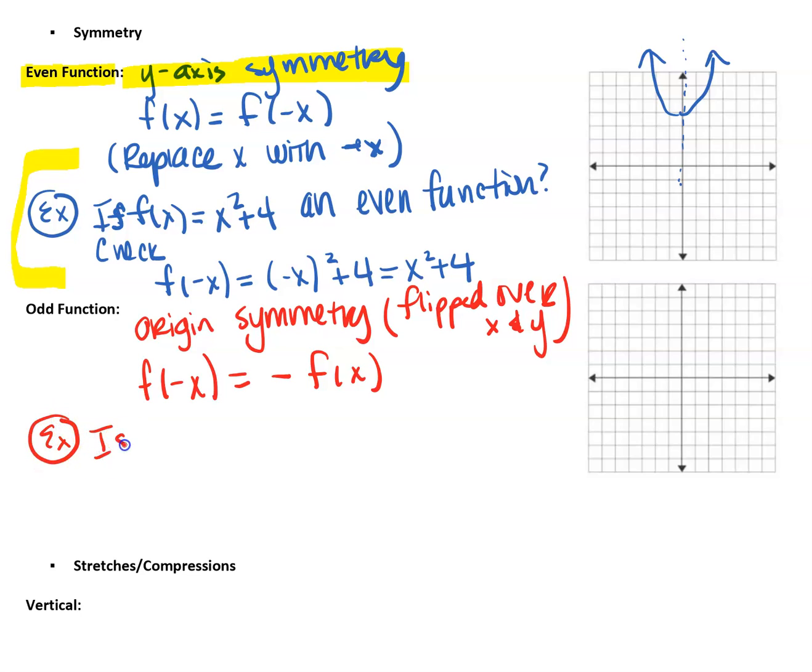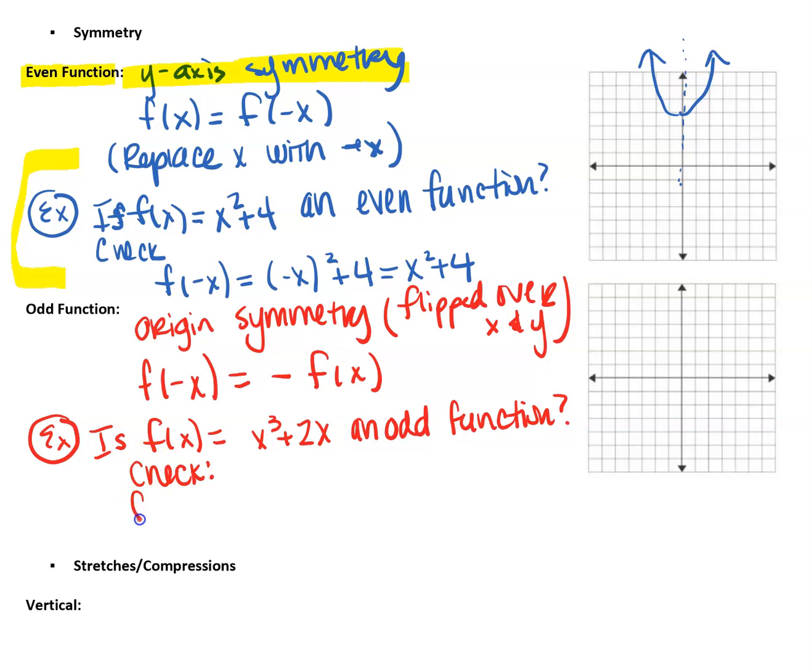Is f of x equal to x cubed plus 2x an odd function? We're going to check. I'm going to say f of negative x, so I'm going to apply a negative x everywhere I had an x in the original. So negative x cubed plus 2 times negative x.